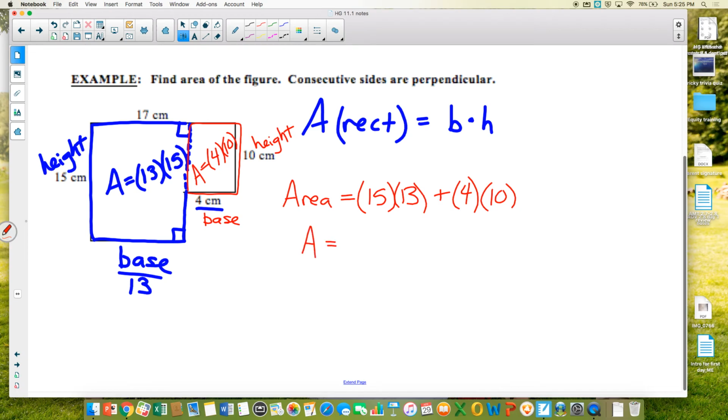So the area ends up being 195 plus 40. So our final answer, we get 235. And then we have to use units in this chapter. Make sure you label everything. We use centimeters. And remember from the front page that area is always units squared. So it's going to be centimeters squared.